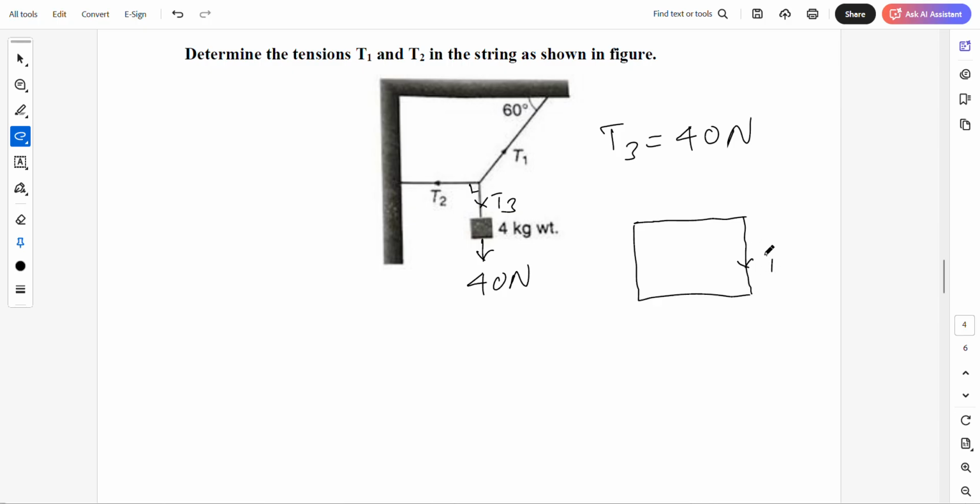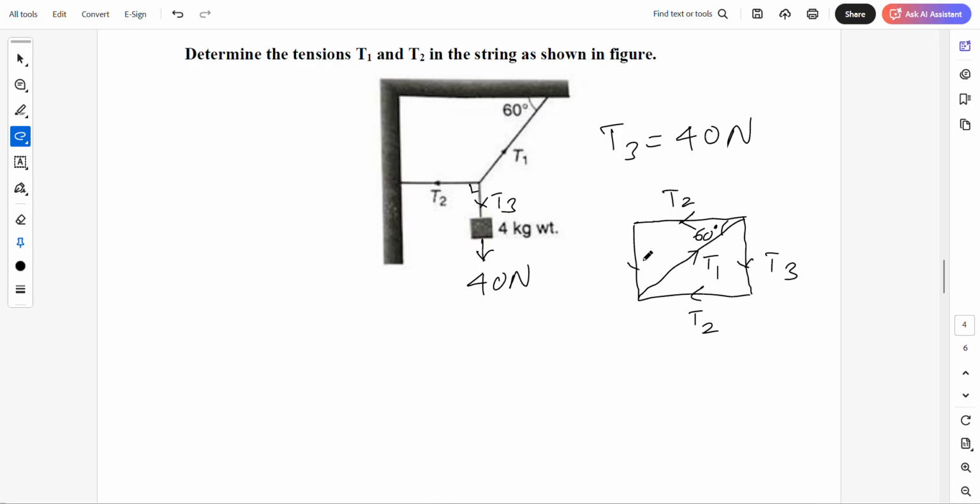T3 is downwards, T2 is leftwards. The orders of T1, T2 and T3 should be same. The angle is given with the horizontal, 60 degree.